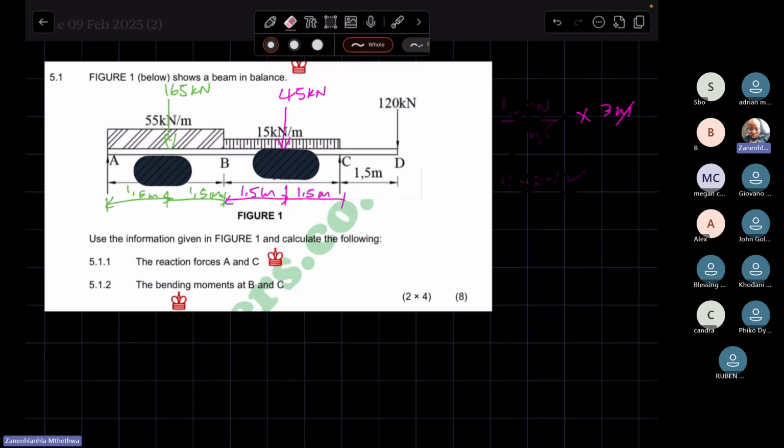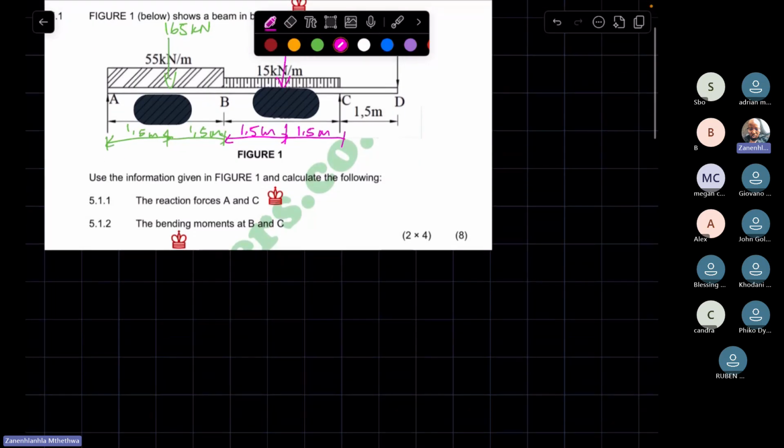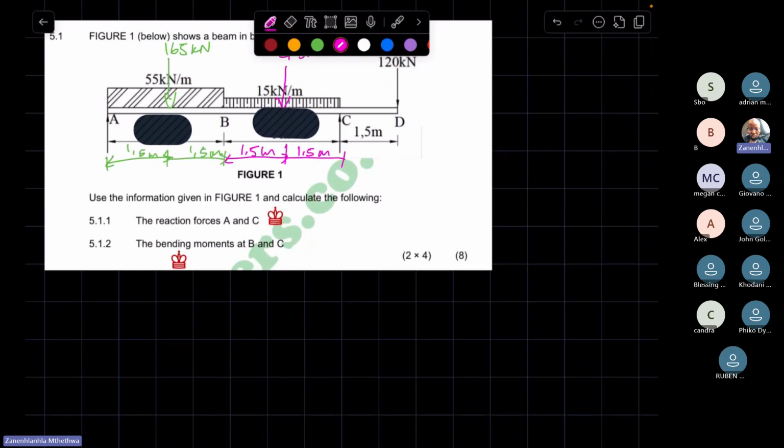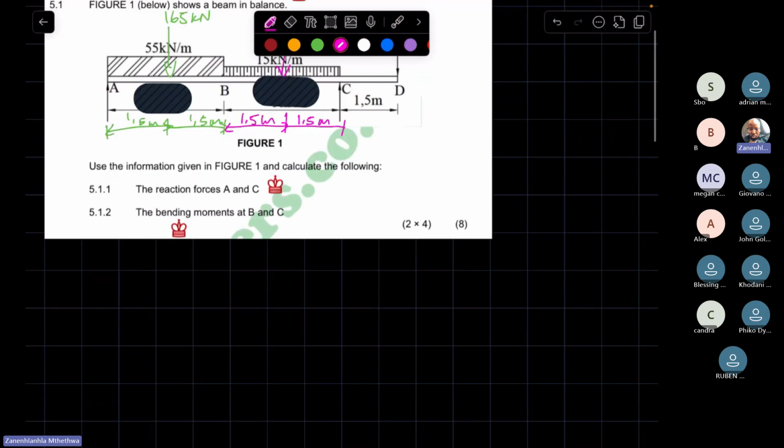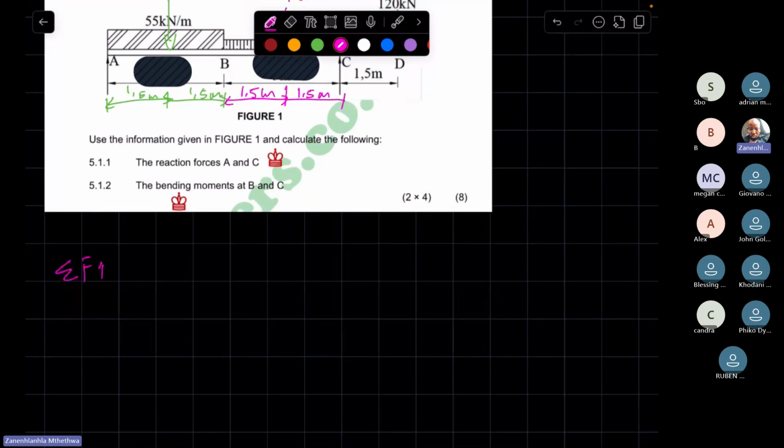Now let's calculate reactions. Calculating reactions, you apply conditions of equilibrium. The conditions we're going to apply here are based on moments. As far as conditions of equilibrium, we have the sum of forces going up equal to the sum of forces going down, or you can simply say the sum of forces along the x-axis is equal to 0, as well as the sum of forces along the y-axis is equal to 0.